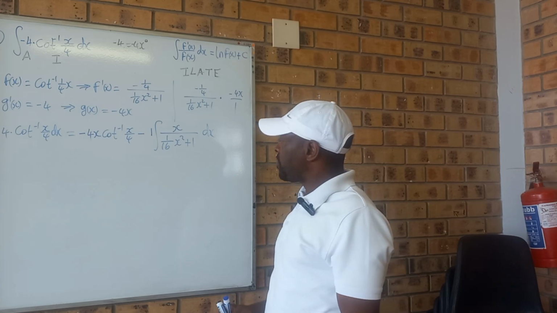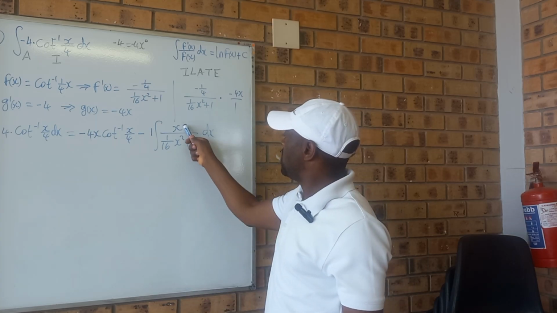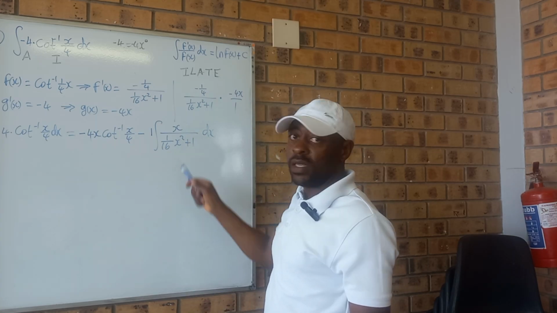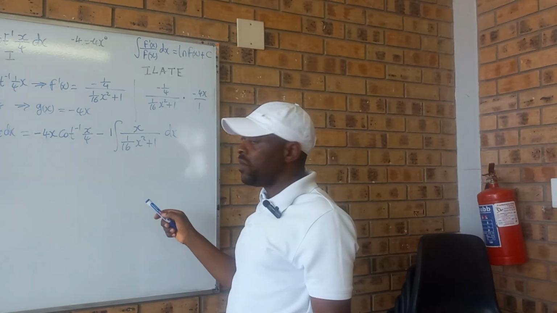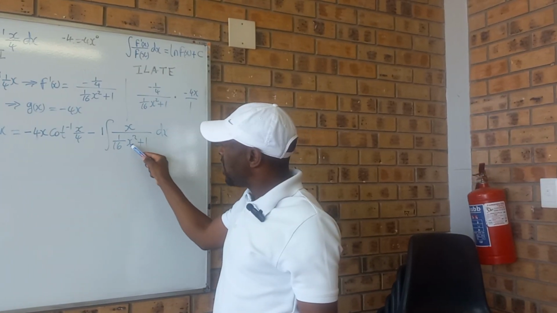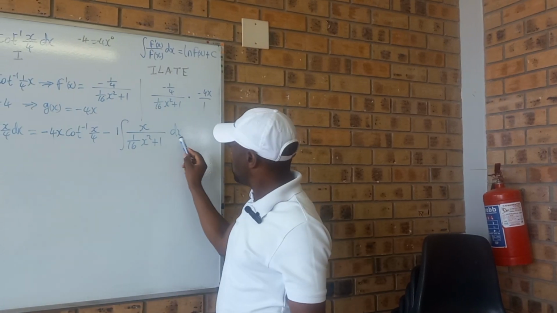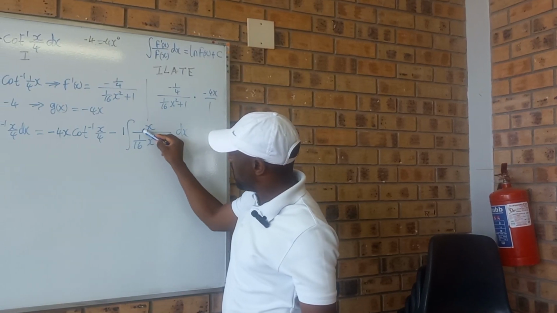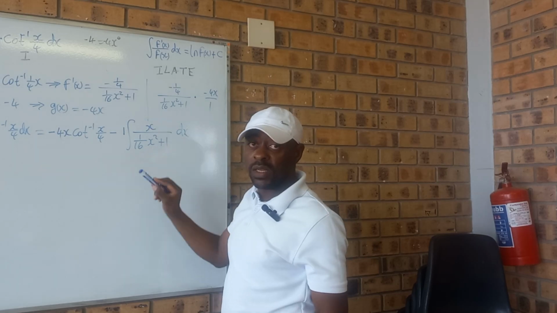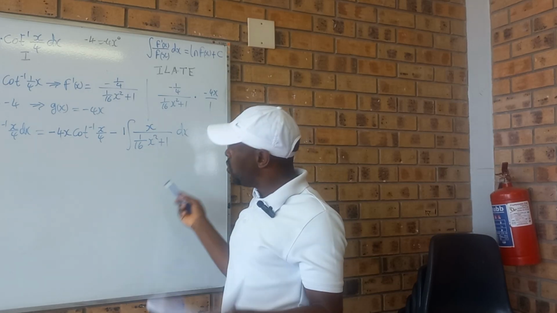So from here, you can see that it is a fraction. And with this fraction, when I differentiate x squared, you see with integration and differentiation, my target is the variable x. When I differentiate x squared, it will create x. So that immediately tells me that this is u substitution.